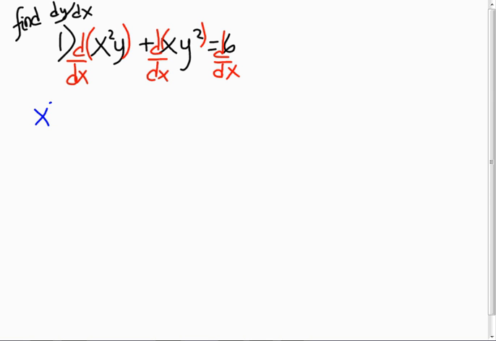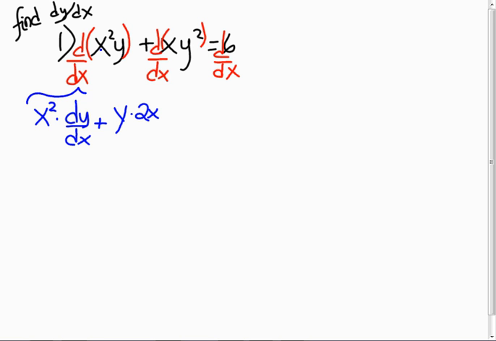x squared times the derivative of y with respect to x plus, you see why you might want the solutions in front of you when you try this. I don't want you to get frustrated. Check your line right away. You spend 15 minutes with a problem that's wrong, and you're just going to get frustrated. So it's y times the derivative of x squared with respect to x.